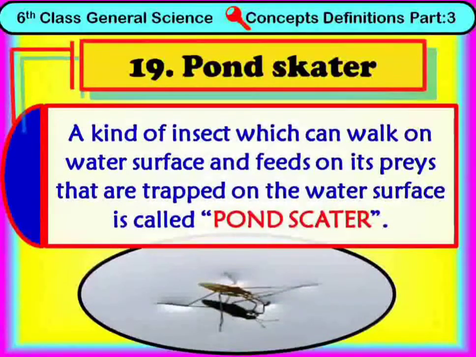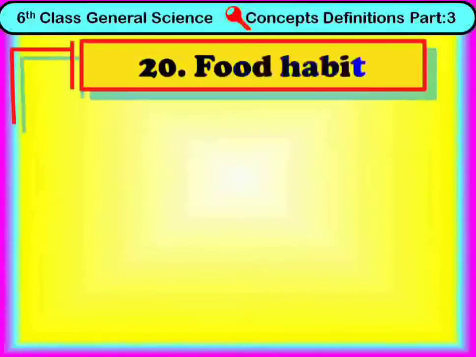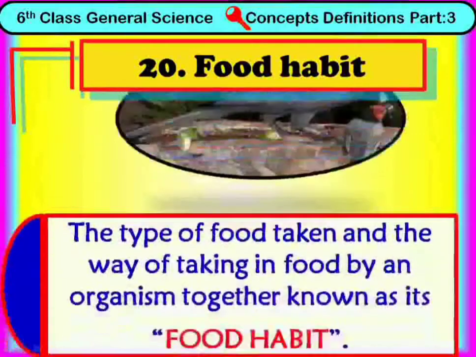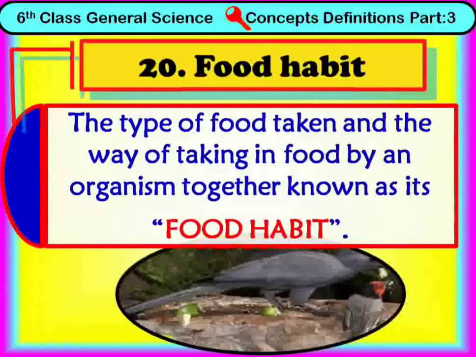A kind of insect which can walk on the water surface and feeds on its prey that are trapped on the water surface is called pond skater. Food habit. The type of food taken and the way of taking in food by an organism together are known as its food habit.